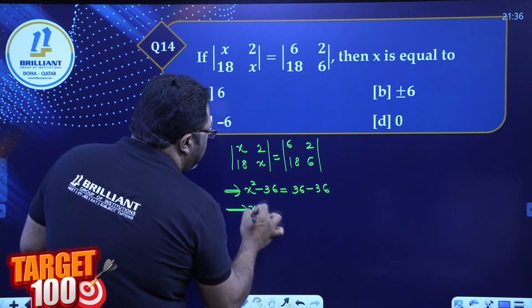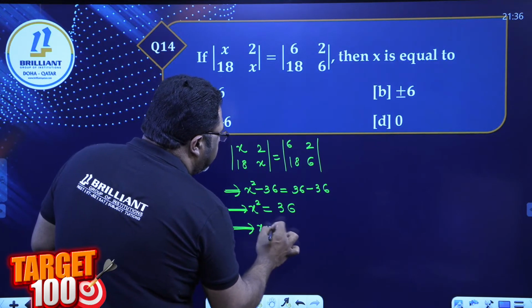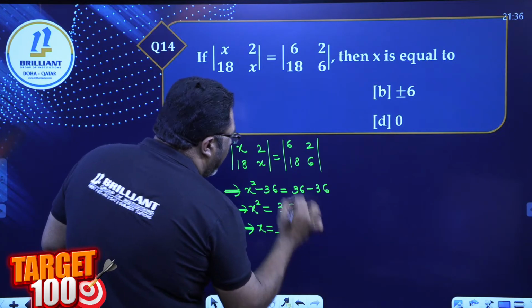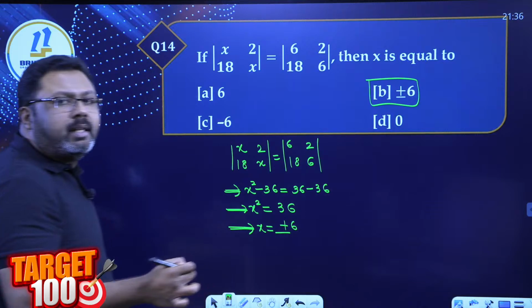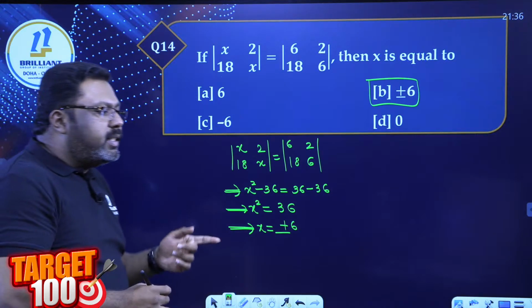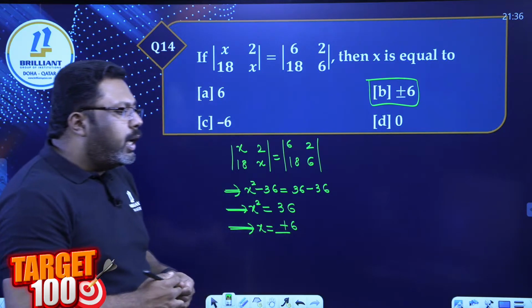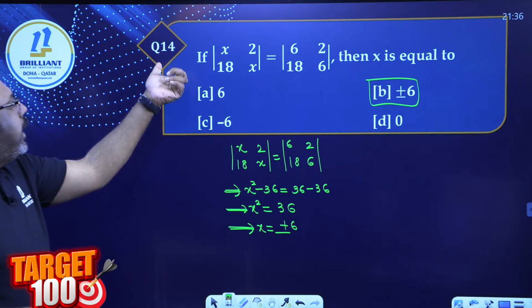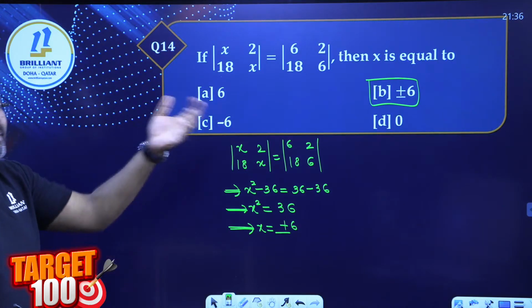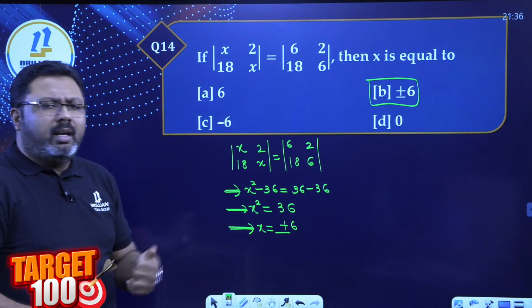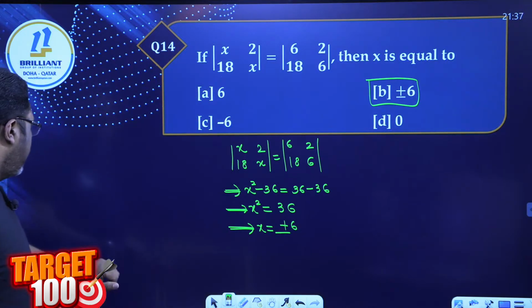That is x squared equal to 36, which implies x can be either plus 6 or minus 6. Option B. Simple question, yes, it has come. Right answer coming from Hafez, Sana, Joel and Prapti. Good. If two determinants are given as equal, find the value of x. A simple textbook question this is.